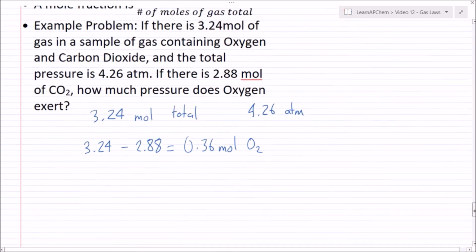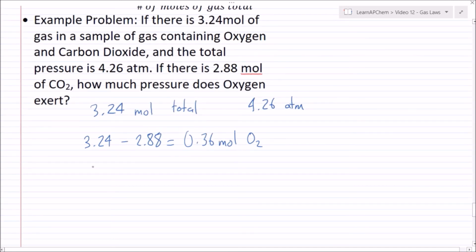Alright, so now I want to get my mole fraction. So 0.36, that is the moles of oxygen gas, over the moles total. So here I'm just going to divide this out, and I get 0.111 repeating as my mole fraction.